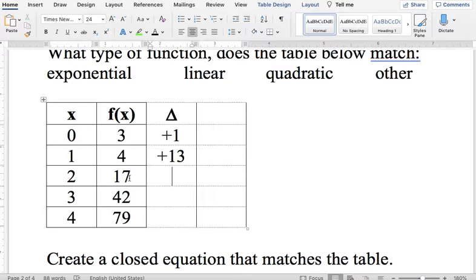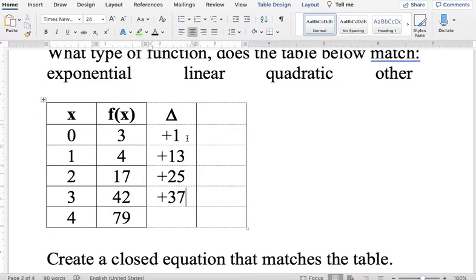To go from 17 to 42, that'd be a plus 25. And from 42 to 79, that'd be a plus 37.